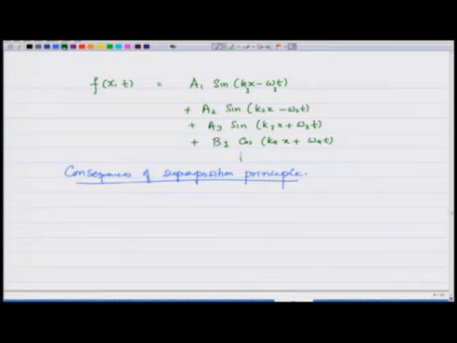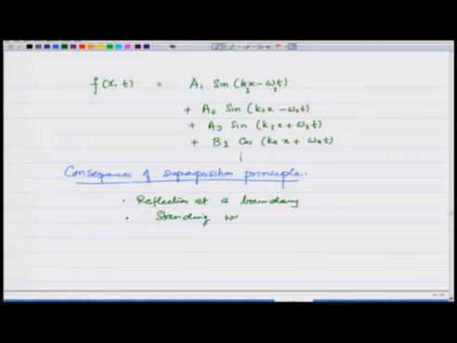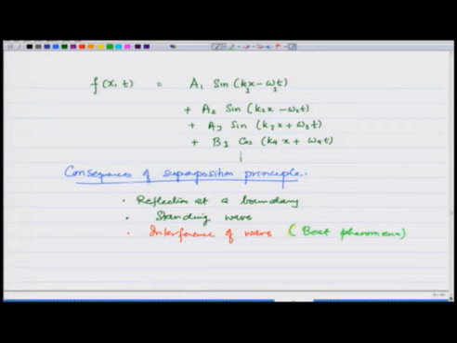We are going to see reflection at a boundary, then we are going to see standing waves, and later in your 12th grade you are going to study interference of waves. Part of it we are going to do here, called the beat phenomena. So, let us take them one by one.